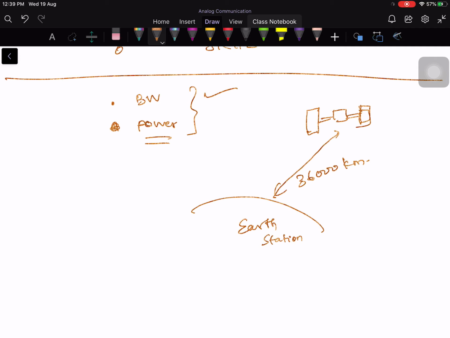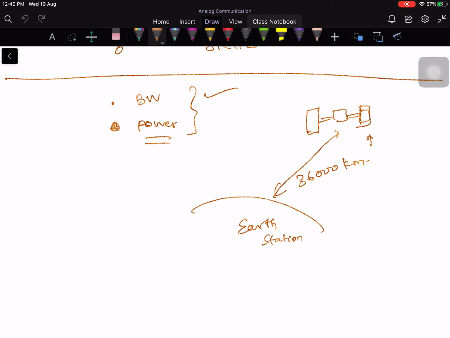Then the satellite may not have much power to transmit. The amount of power available to you for sending is going to be limited by the power that you have in the satellite. So this is a limitation, so you cannot increase the power indefinitely.